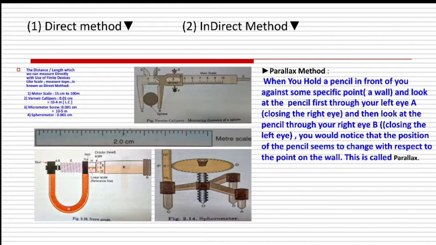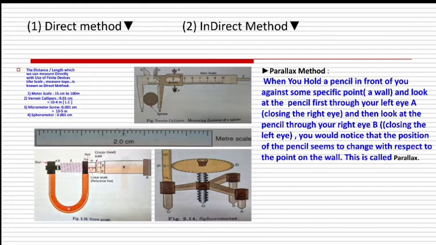When you hold a pencil in front of you against some specific point, for example a wall, and look at the pencil first through your left eye A, closing the right eye, and then look at the pencil through your right eye B, closing the left eye, you would notice that the position of the pencil seems to change with respect to the point on the wall. This is called the parallax.